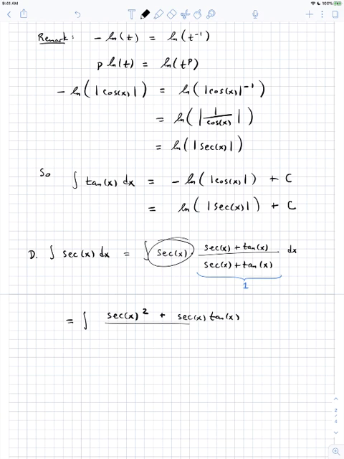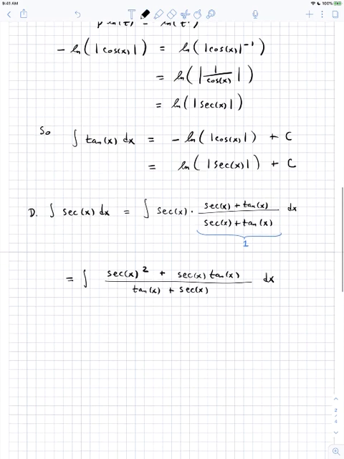The denominator I'm not going to do anything to, except maybe I'll write it as tangent x plus secant x. All I've done here is swap the order. So instead of secant plus tangent, it's now tangent plus secant, but of course we can do that.